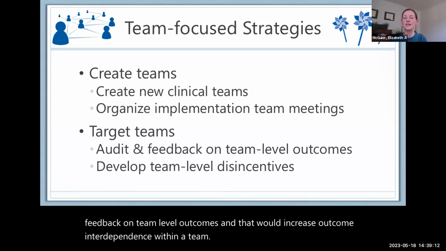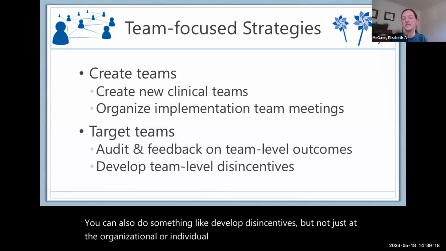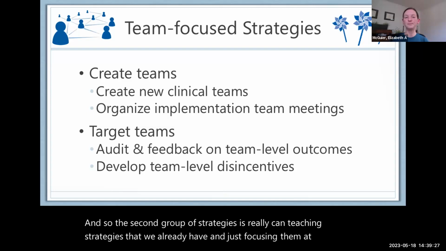You could also do something like develop disincentives, but not just at the organizational or individual provider level, but at the team level. So that's the second group of strategies. It's really taking strategies that we already have and just focusing them at the team level.